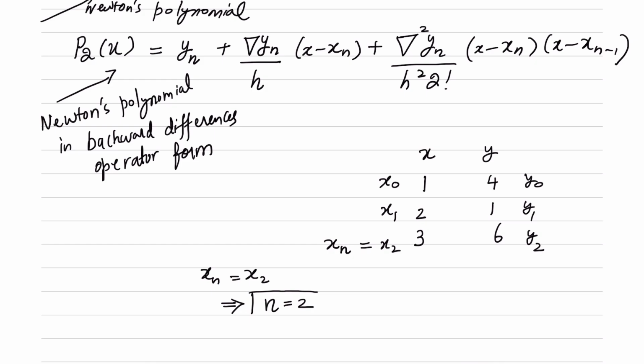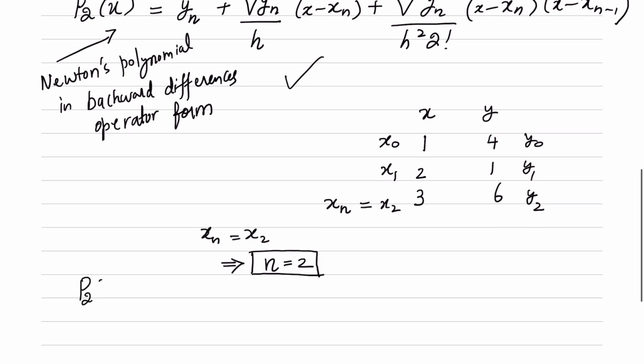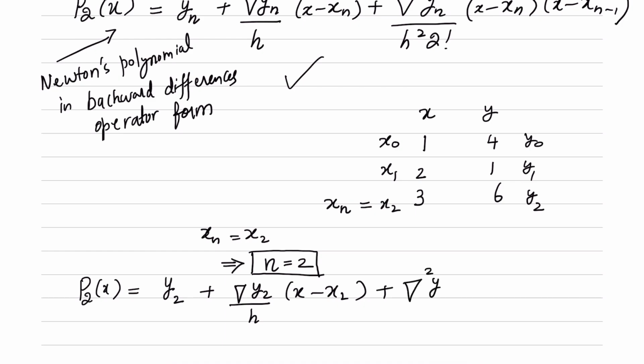So let's put this value n equal to 2 in our backward differences polynomial. So we have p2 of x equal to yn, but now n is 2, so we put y2, plus backward y2 over h, times x minus x2, plus backward square y2 over h square 2 factorial, times x minus x2 into x minus xn minus 1, n is 2, so 2 minus 1, which is 1.